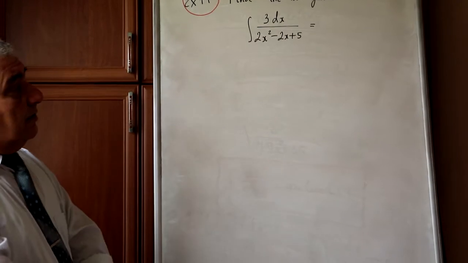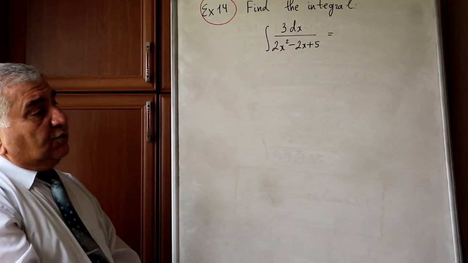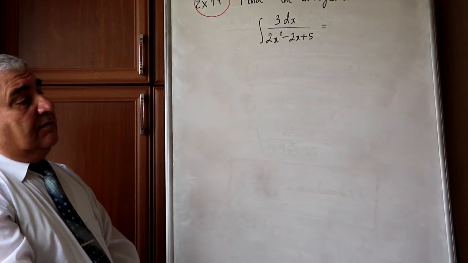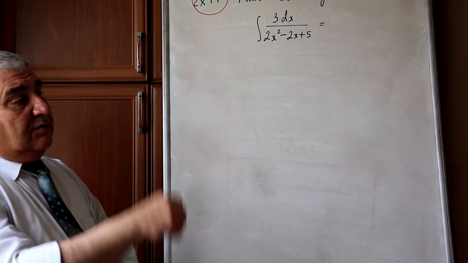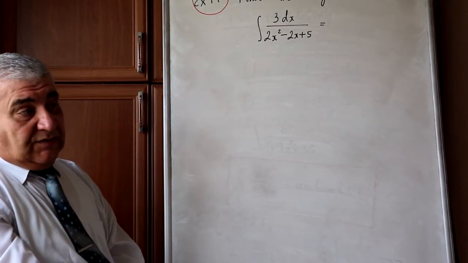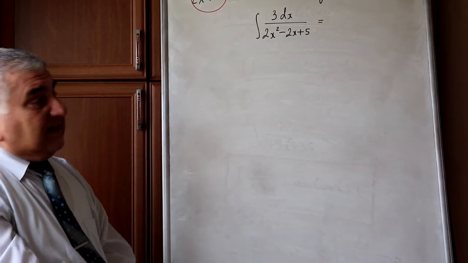Here we will also use the known table integral of dt over t squared plus 1 is equal to arctangent t plus c.